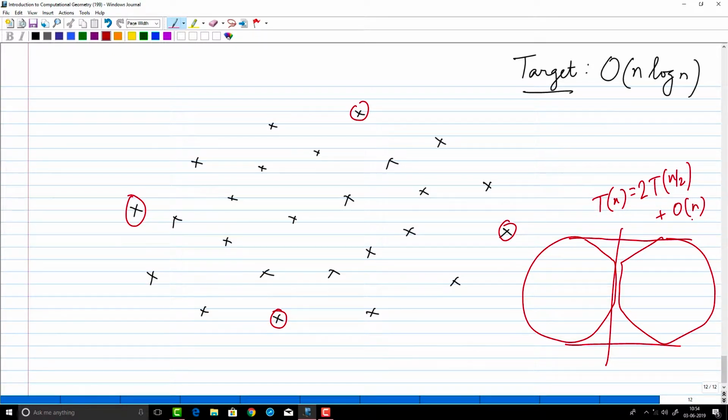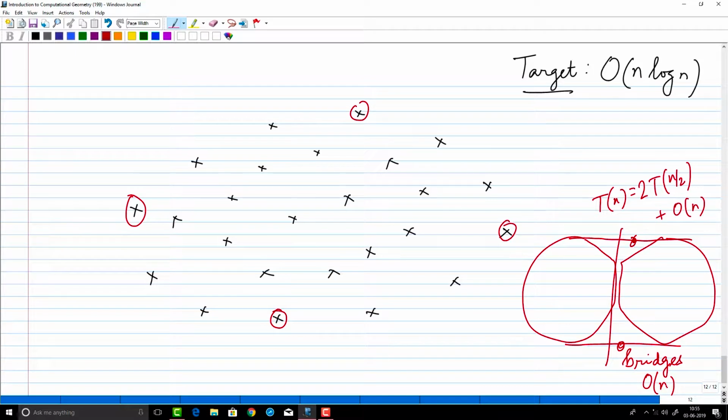So, T(n) is the time for computing the total convex hull. I have taken the x median coordinate, divided the point set into two halves, computed the convex hull here, taking T(n/2), and the convex hull of the right part, taking the other T(n/2). And if in linear time I can compute these line segments, which are known as, let me call them, bridges, if I can compute these bridges in order n time, then I can get the convex hull.